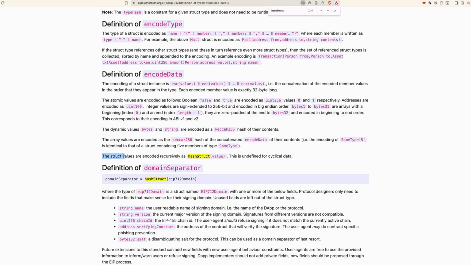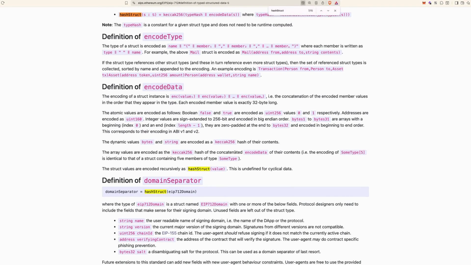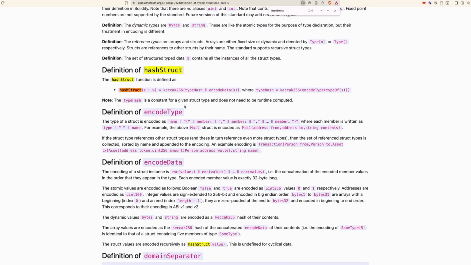So the struct values are encoded recursively as hashStruct(value). This is undefined for cyclical data. Okay, hashStruct. Good. Definition of encodeType. An example encoding is Transaction, Person from, Person to, Asset asset. Asset is this, Person is this.